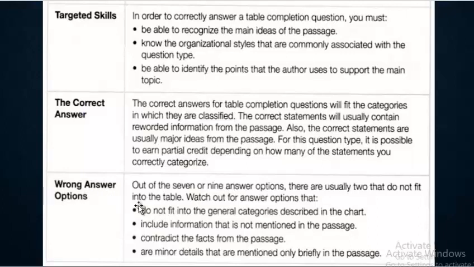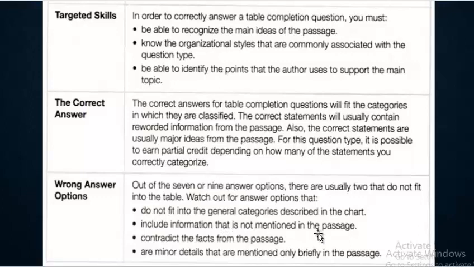Wrong answer options. Out of 7 or 9 answer options, there are usually 2 that do not fit into the table. Here are strategies that help you find the incorrect answer options. First, they do not fit into the general categories described in the chart; they don't refer to any category. Second, they include information that's not mentioned in the passage.